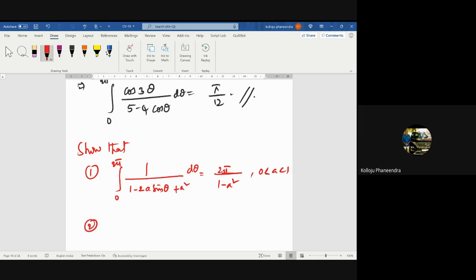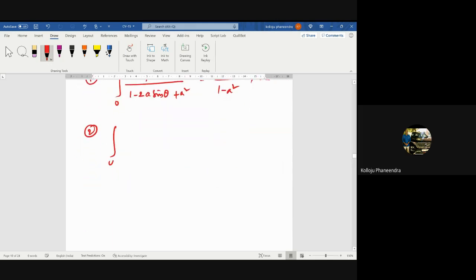Second one: cosine 2 theta, 0 to 2 pi, you apply the real part of e power i theta. 1 minus 2a cosine theta plus a square d theta equals 2 pi a square by 1 minus a square, 0 less than a less than 1.